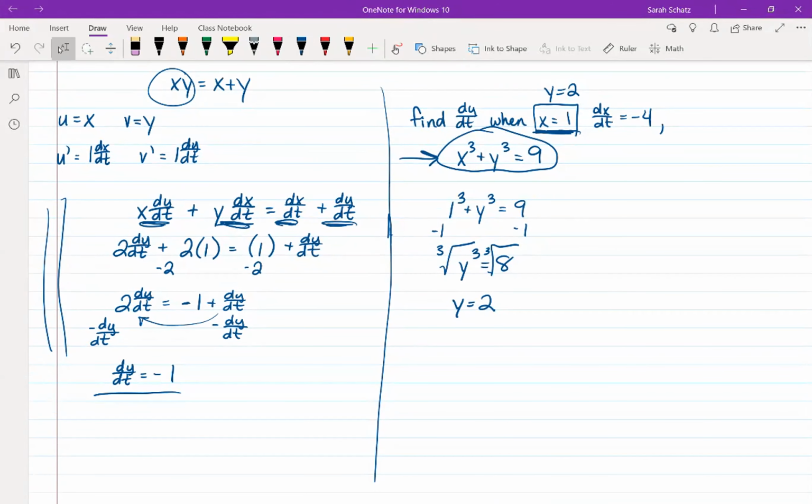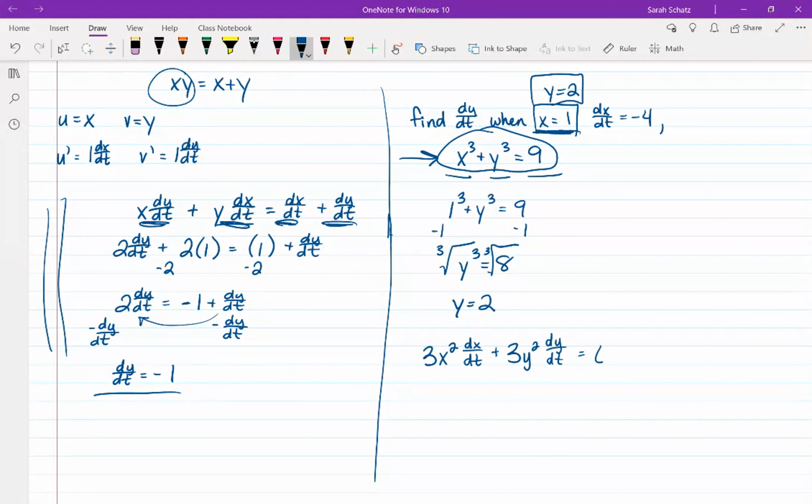Okay, so after you do that, that is just an extra step. We haven't done any related rate stuff yet. So now I'm going to take this equation and take the derivative of each term with respect to time. That's going to be 3x squared dx/dt plus 3y squared dy/dt.